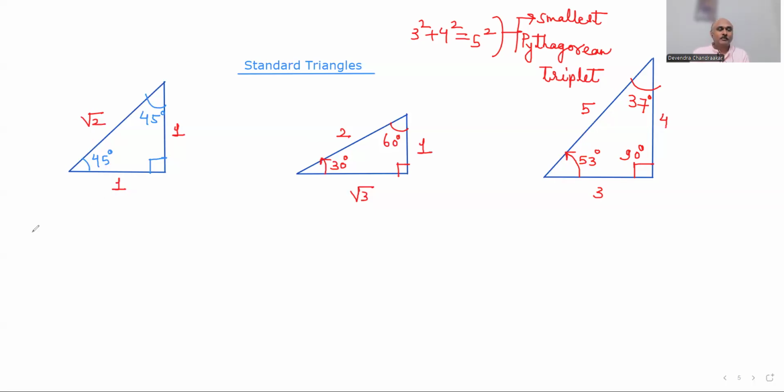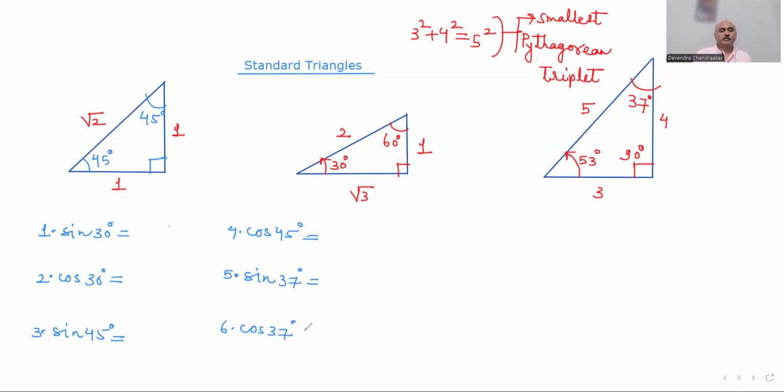Now, we will try to fill in the values of these angles based on these sides. Sin 30, cos 30. Third one is sin 45. Fourth one is cos 45. Fifth one is sin 37 degrees.